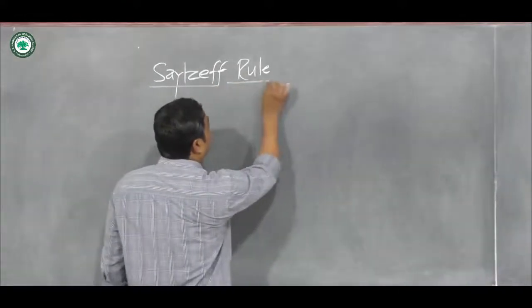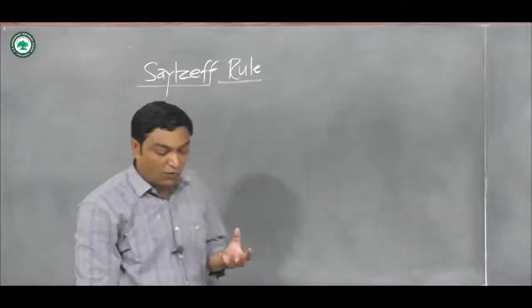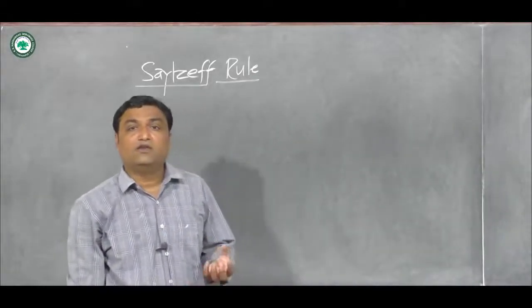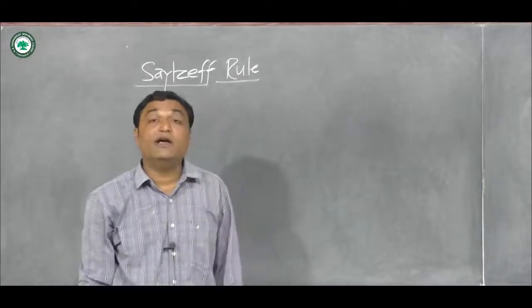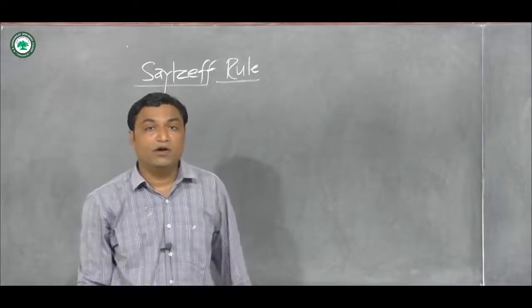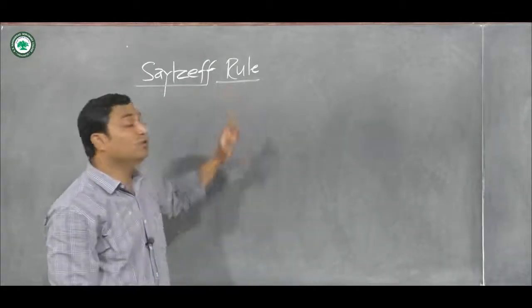Generally, in the presence of small bases and small leaving groups, we will obtain the more substituted alkene as a major product.